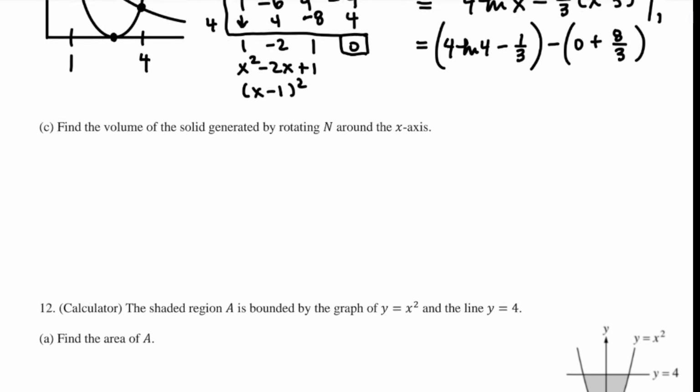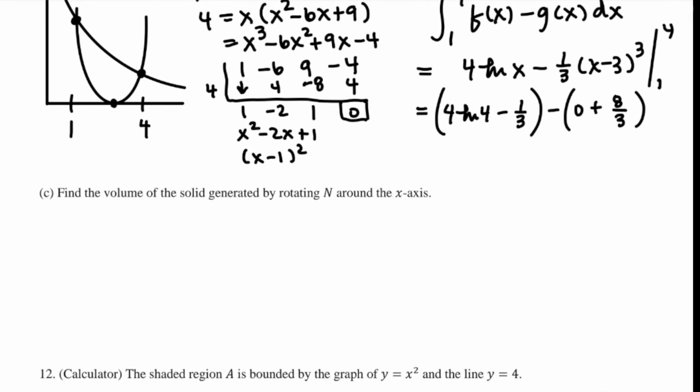Find the volume of the solid generated by rotating it around the x-axis. Okay, that should be a little bit easier. Pi times the integral of, I'm just going to draw on this diagram. Okay, a is top minus bottom. This is 4 over x minus 0.